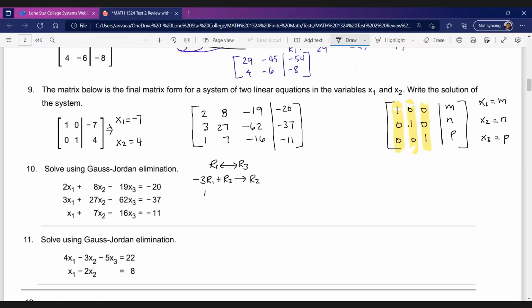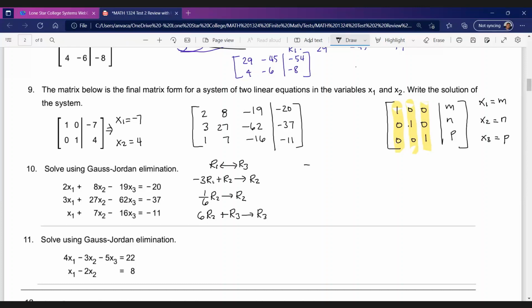Then I went ahead and took row 2, multiplied it by 1/6, that is our new row 2. And so then I took 6 times R2 added to row 3. That became our new row 3.